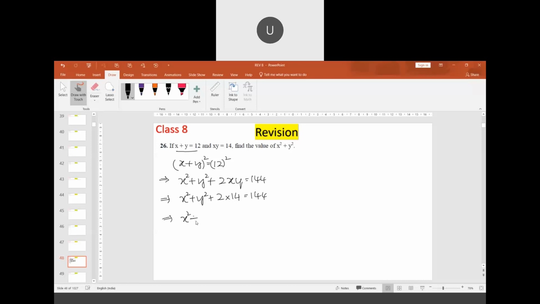So x square plus y square will be equal to 144 minus 28, which is equal to 116. This was an objective type question. If they ask in detail, in this way you can solve it. So it's easy, right?